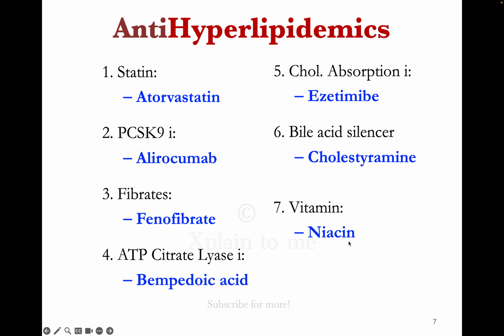Niacin blocks a lipase enzyme, and the after effect is that the liver has to work hard, because usually adipose tissue provides fat based on hormonal release, but now niacin can block that. So mechanistically it works.